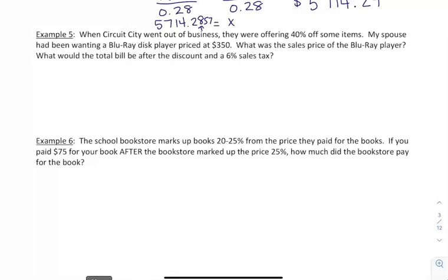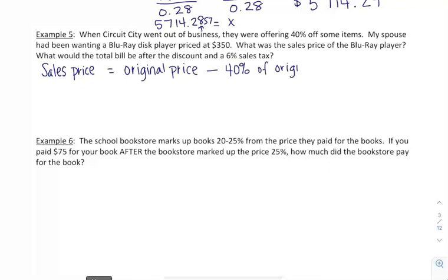So we've got a lot of things going on here. If we wanted to try to summarize this, the sale price is going to be the original price minus that 40% of the original price.